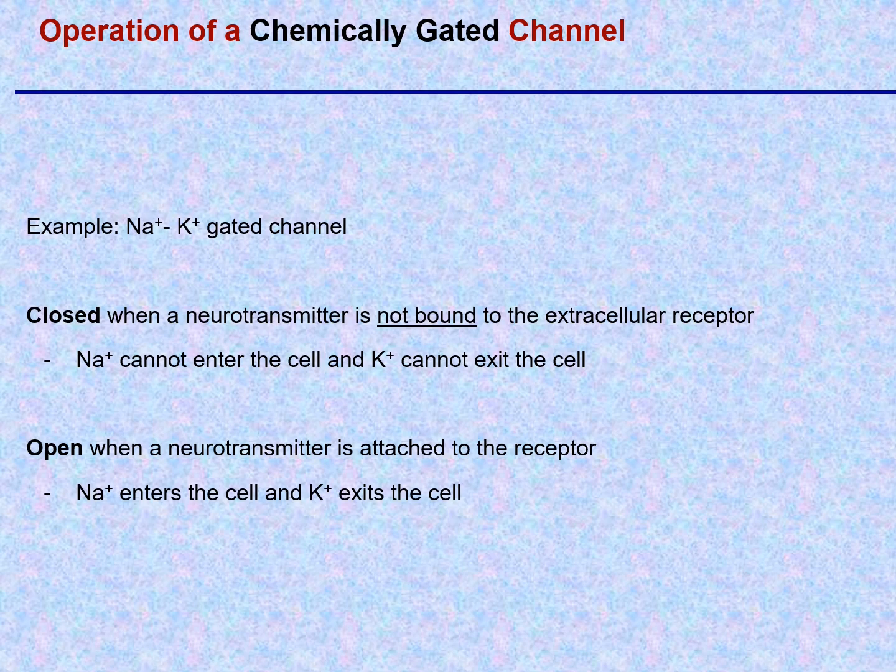And I also remind you, and this is very important for you to remember, that in all cells, in fact, not just neurons, there are sodium-potassium pumps operating in the membrane. These pumps are not the same at all as channels, they're quite different.